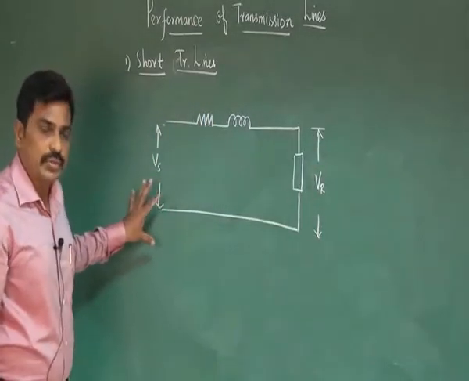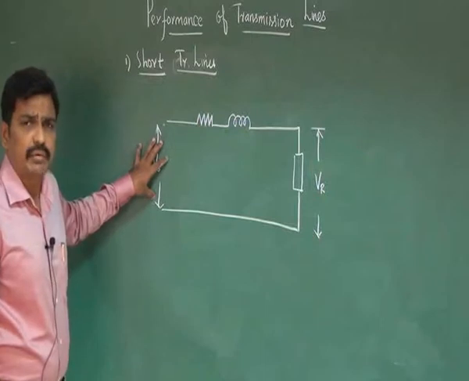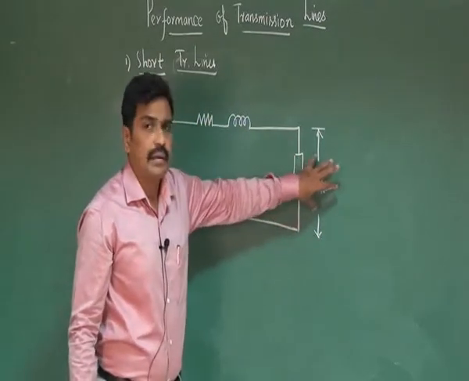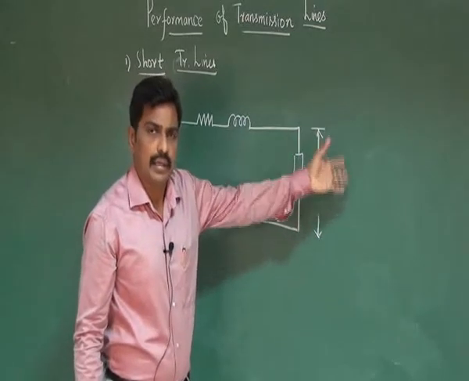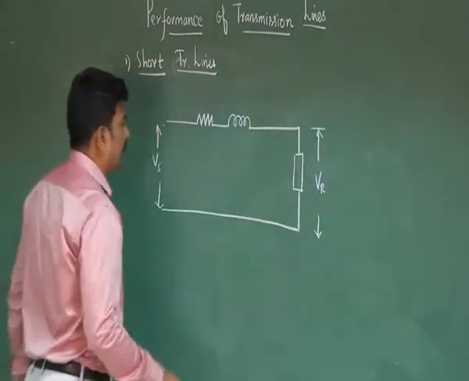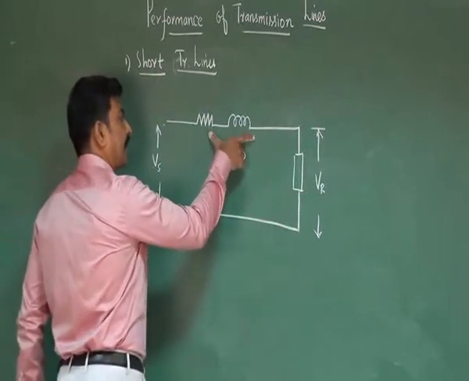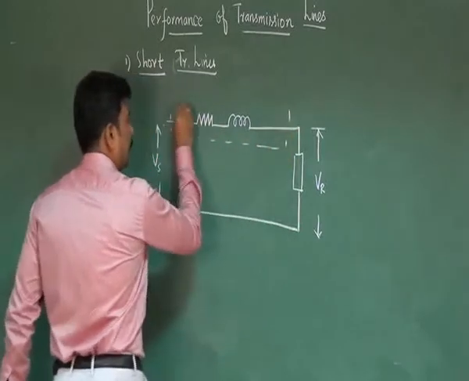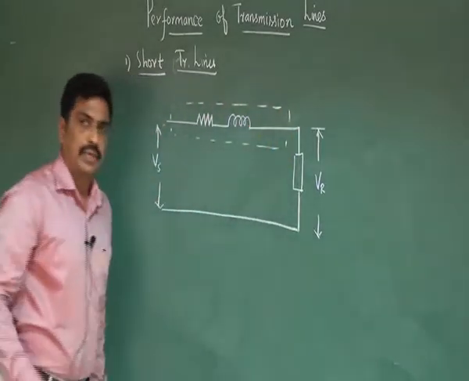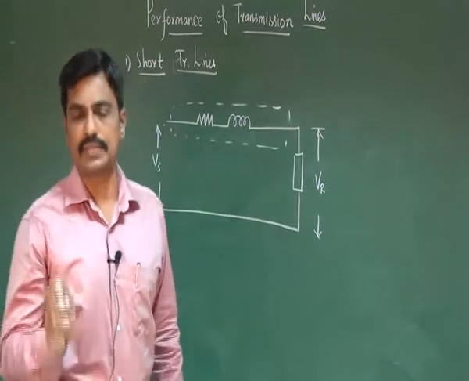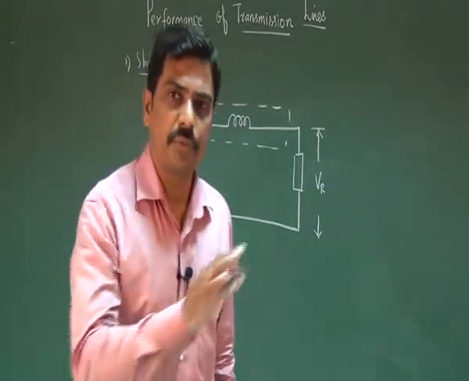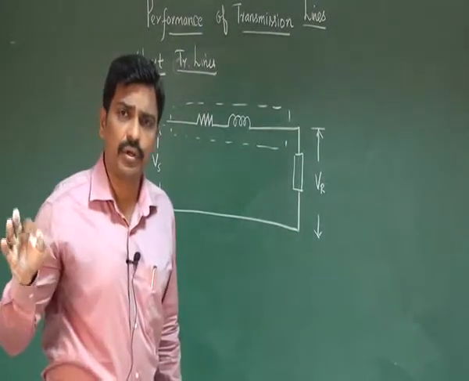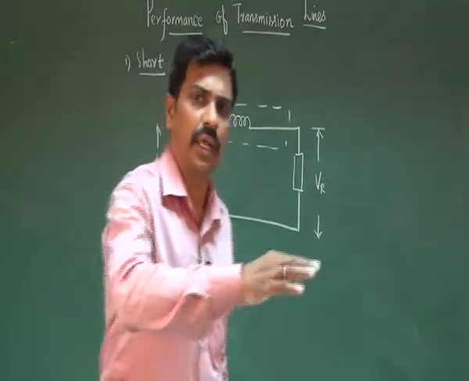So initially to start with, we have sending end voltage at sending end. We have a load at the receiving end, which is at receiving end voltage Vr. Now you see, in between we have a transmission line. This part is belonging to transmission line. Actually, as I said earlier, transmission line is uniformly distributed. All the parameters R, L and C are uniformly distributed all along the line.